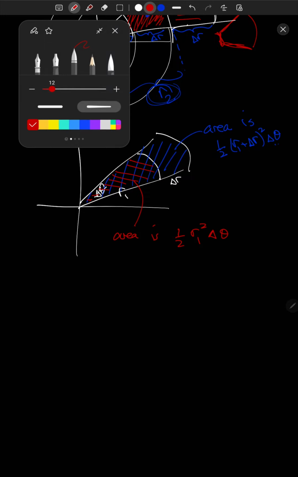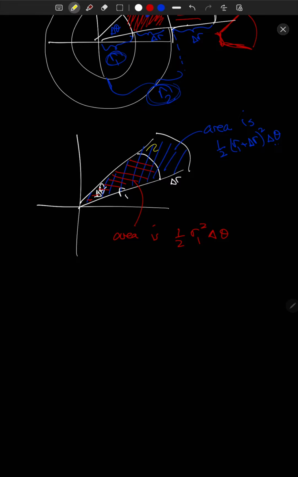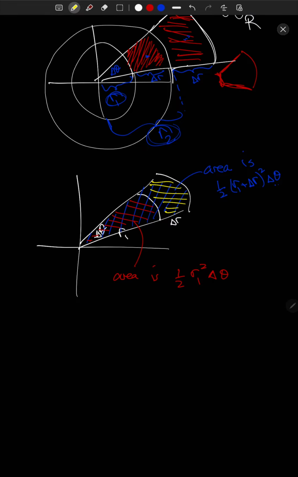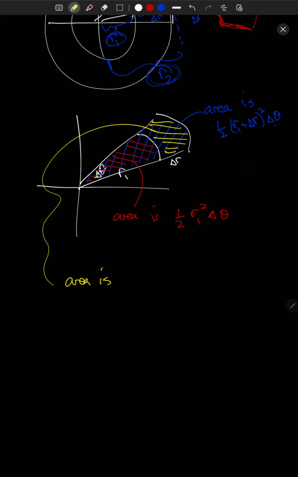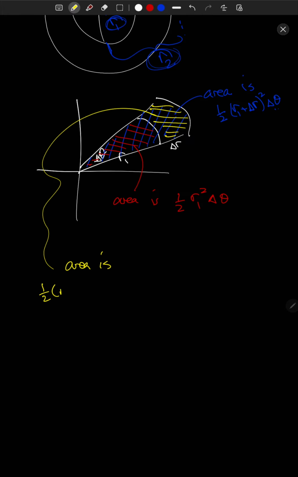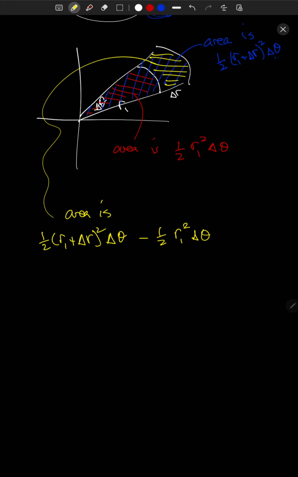And so the area of the region that we're actually looking for, this yellow shaded region, which is the area of a wedge, is the difference: 1/2 (R1 plus delta R) squared delta theta minus 1/2 R1 squared delta theta. Let's calculate this.